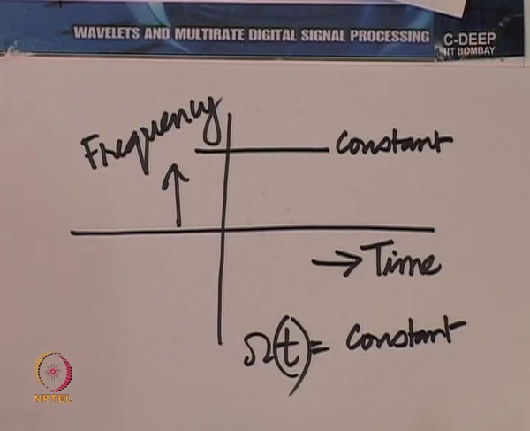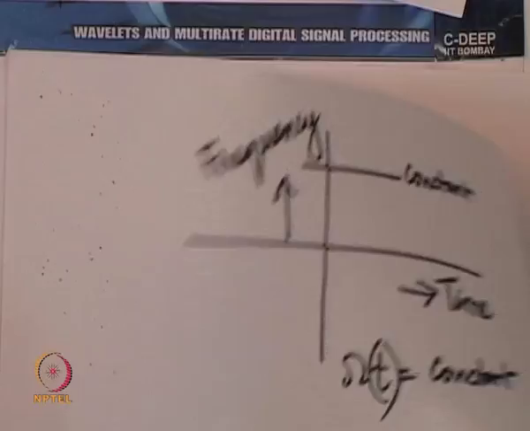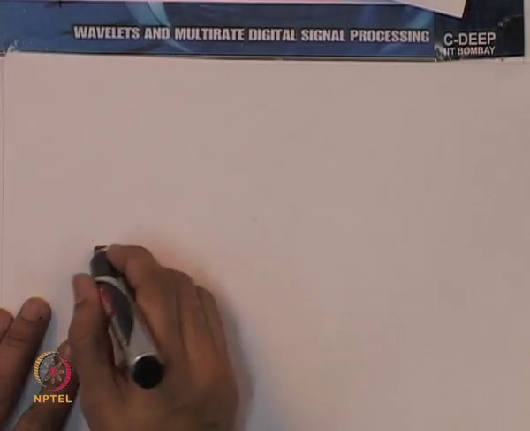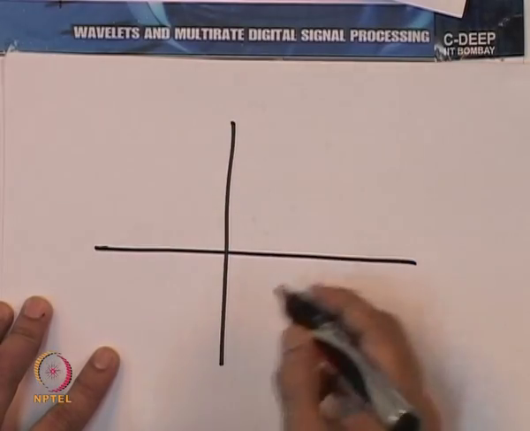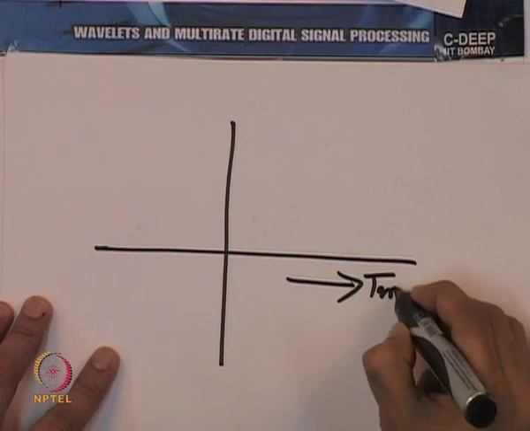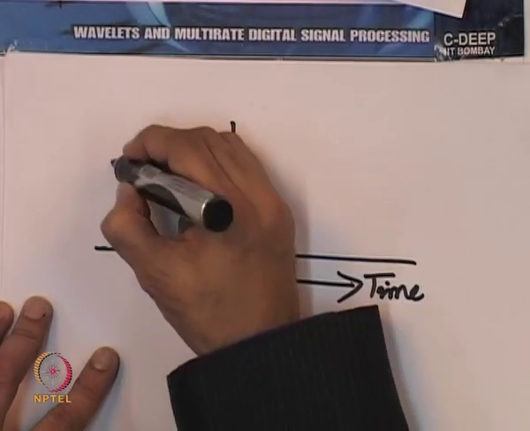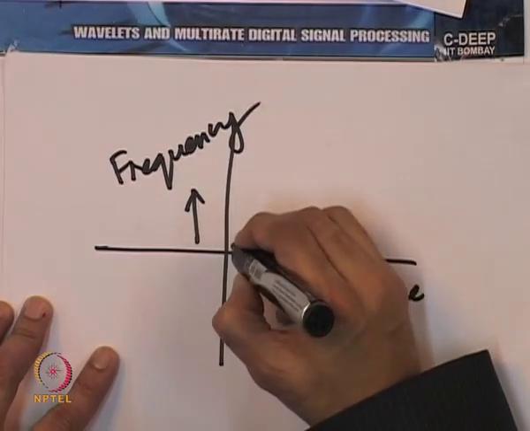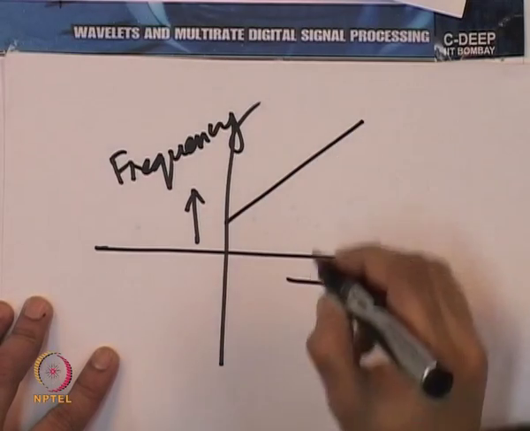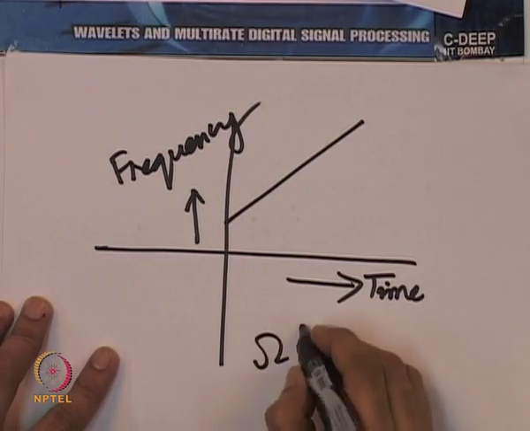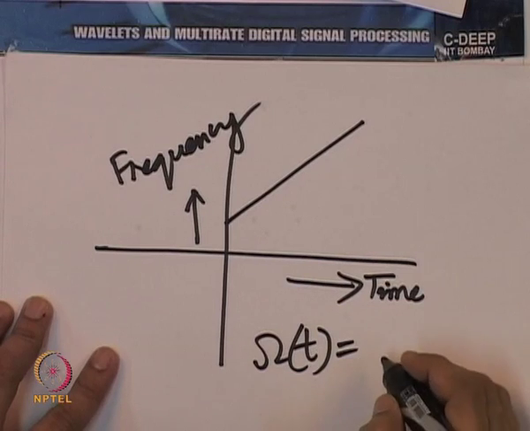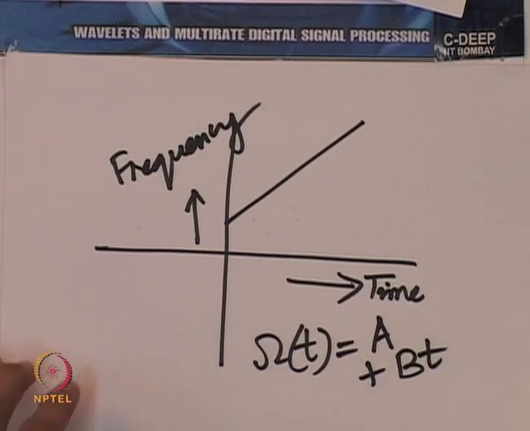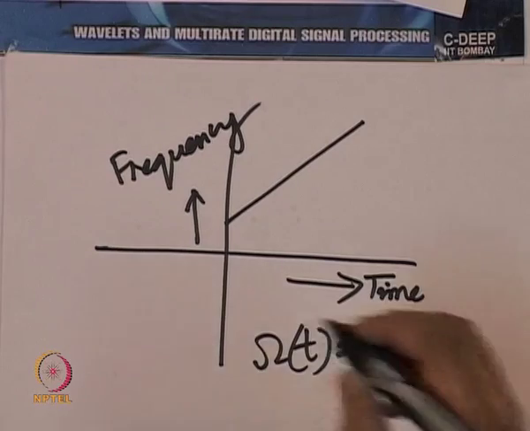Suppose that is a linear function of time, which is often true. Something like, say, this omega is a function of t is some a plus b t. This is called a linear chirp.